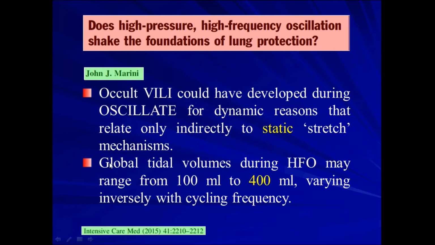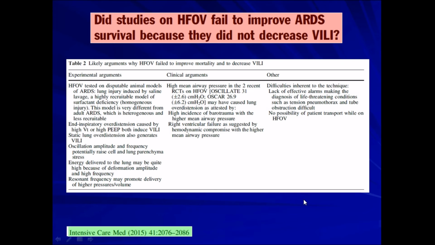The other point is that global tidal volume during high frequency may range from 100 ml, which we think is very low, less than dead space, but it might reach 400 ml, which is really high, varying inversely with cycling frequency. If you use a frequency of 3 or 4, for example if you have refractory hypercapnia, tidal volume might be as high as 400. And this is really not lung protective, especially when you are using very high frequency.